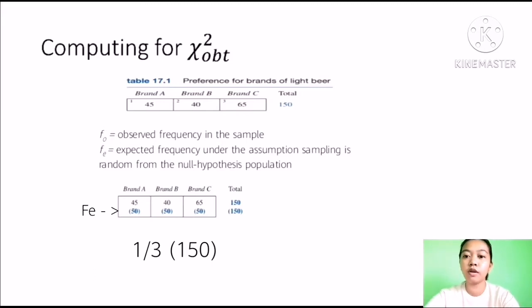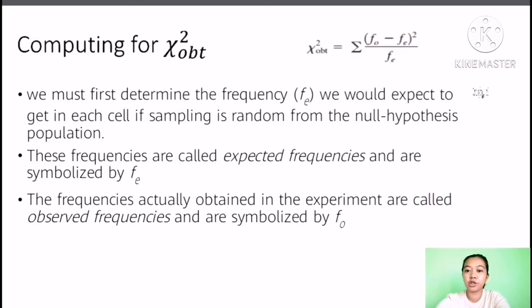Since there are 150 subjects in the sample, the expected frequencies for each cell would be 1/3 of 150. So 50, 50, 50. We must first determine the frequency we would expect to get in each cell if sampling is random from the null hypothesis population. These frequencies are called expected frequencies and are symbolized by Fe, as per our example earlier, 1/3 of 150. The frequencies actually obtained in the experiment are called observed frequencies and are symbolized by Fo.